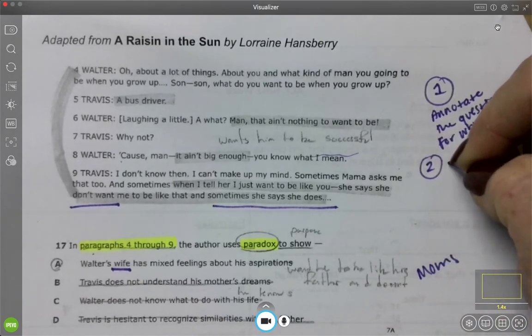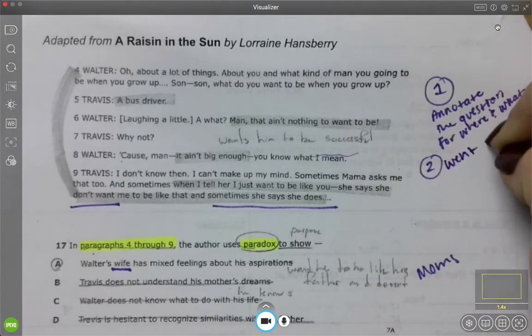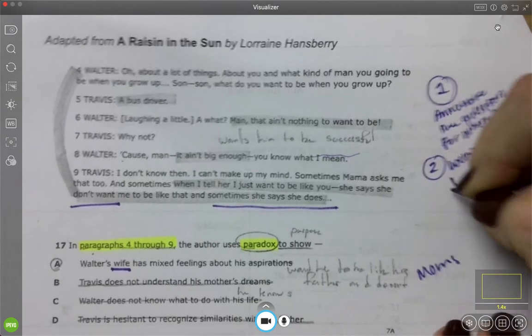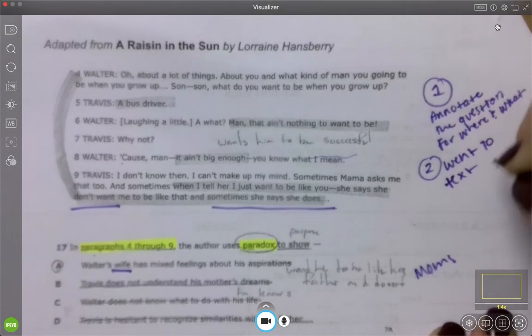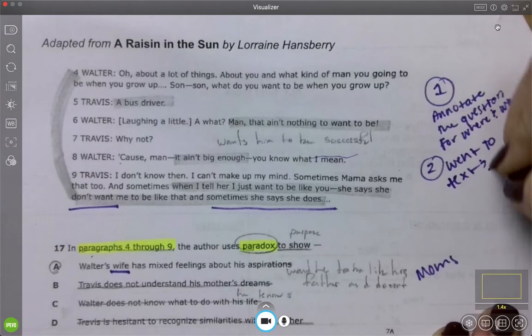So the second step was that we went into the text and found evidence.